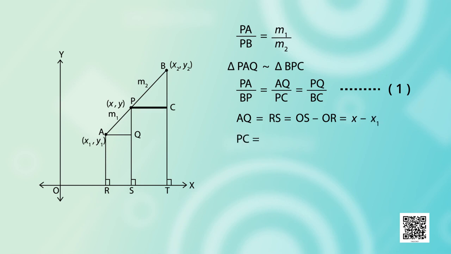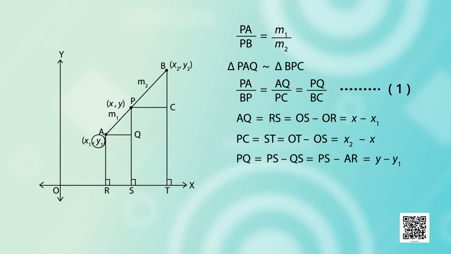Similarly, PC will be equal to ST, which is equal to OT - OS, that is x2 - x. PQ will be equal to PS - QS, that is PS - AR, which is equal to y - y1. BC is equal to BT - CT or BT - PS, which is equal to y2 - y.